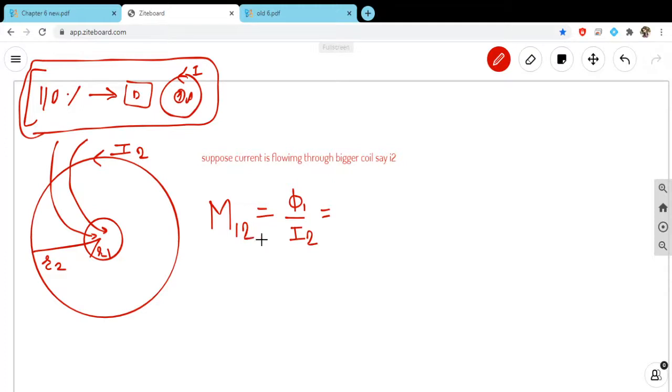So that is why it is M12. The flux will be BA. But here the magnetic field is produced by the bigger coil, right? The magnetic field is produced by the bigger coil, by I2.